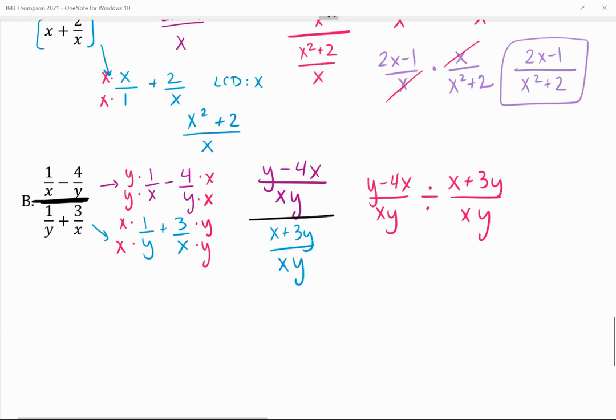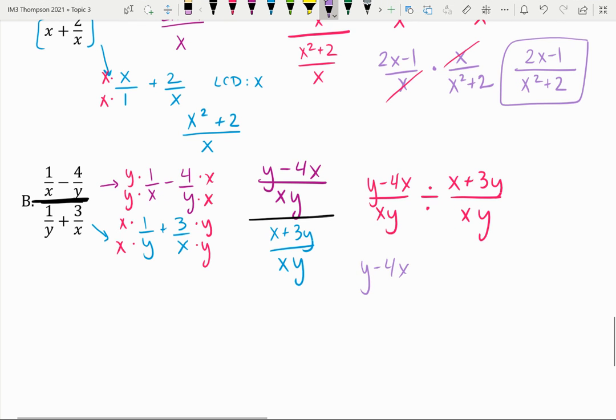We multiply by the reciprocal instead. So I'll finish it up by multiplying by the reciprocal and then simplifying. The left-hand fraction stays. I change my division sign into a multiplication. And the right-hand fraction, we take the reciprocal of.